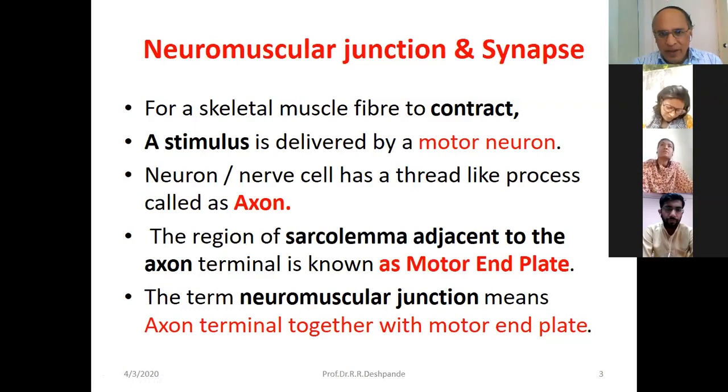Okay. So when the muscle contracts, the stimulus comes from the motor neuron. There are 2 neurons, sensory and motor. This is the motor neuron. Jnanendriya, Karmendriya. This is Karmendriya. Remember, Pani and Pad in Ayurveda. We are talking about Mamsa Dhatu, Akunchana Prasarana.